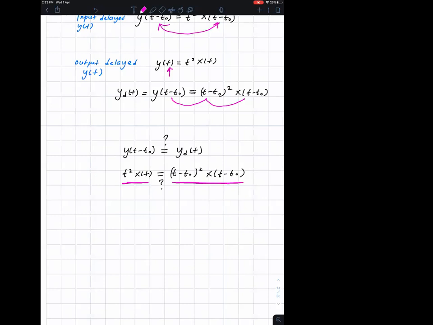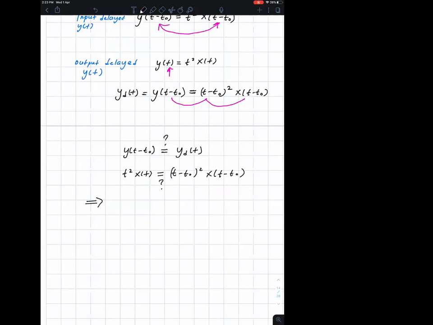Left hand side, you say t squared x(t), but the right hand side, it says t minus t naught squared x(t minus t naught). So they are not the same expression. Correct or not? So therefore, they are not the same.